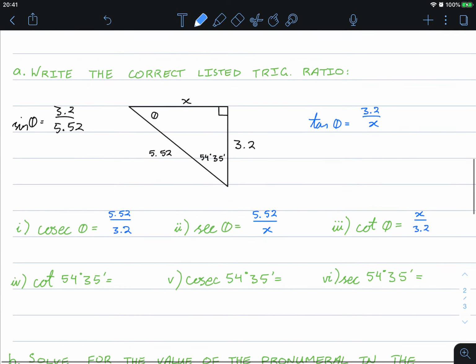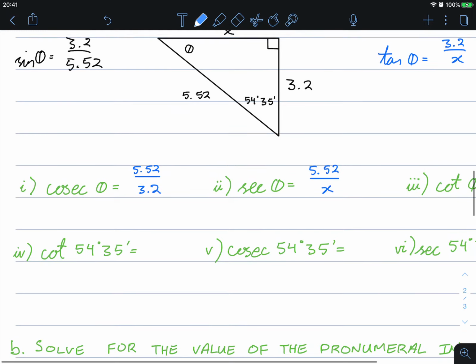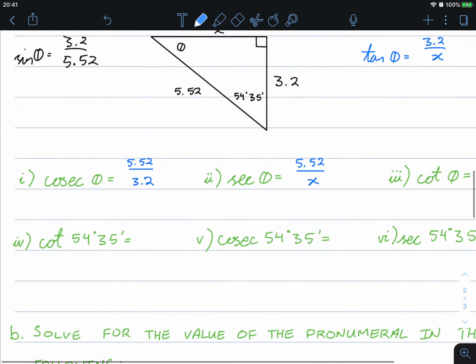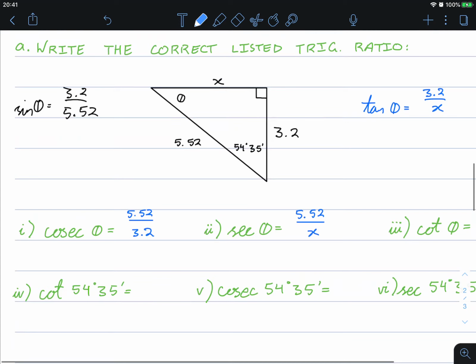This is the exact same if we found cot of 54 degrees, 35 minutes. Opposite over adjacent is tan of this angle. Cot of that angle is the reciprocal, so 3.2 over x.